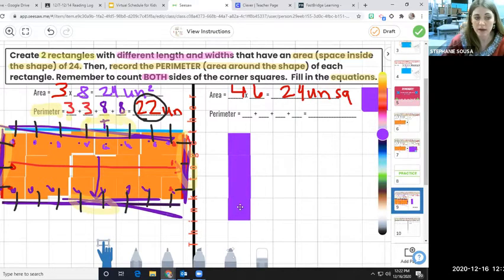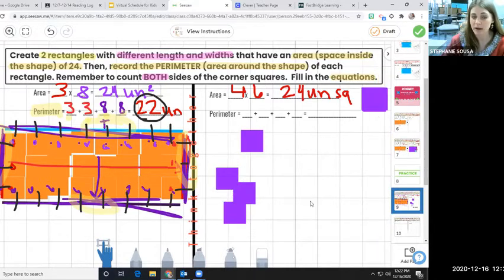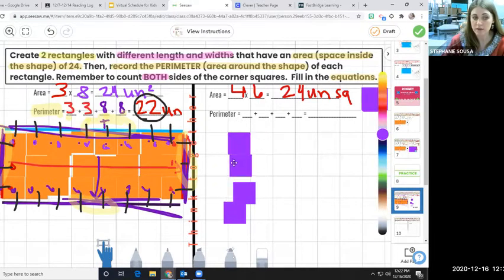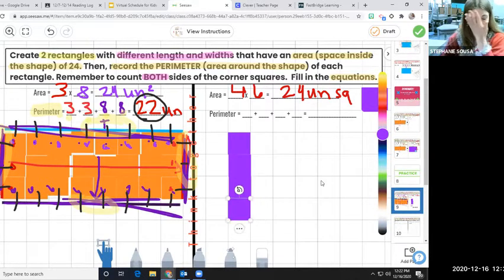And notice that my squares are fitting inside of the grid lines. I'm not putting my squares like this. That's not going to give me a rectangle. So very neatly, fit them inside of those grid lines. You might have to move them a few times to do that.